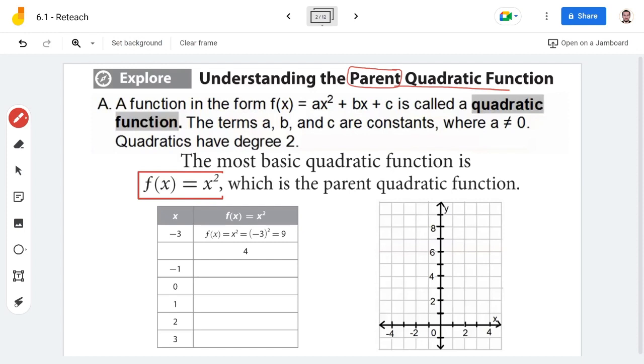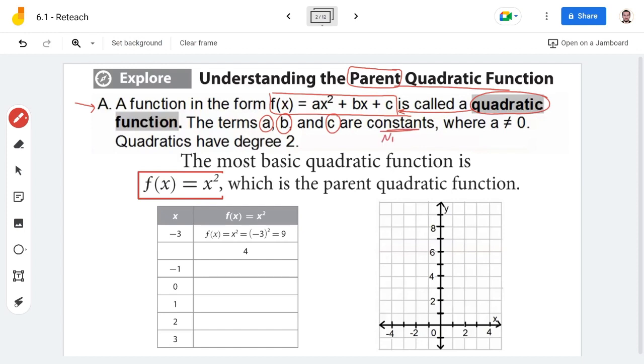So the first thing, a function in the form f(x) equals ax squared plus bx plus c is called a quadratic function. The terms a, b, and c are constants.